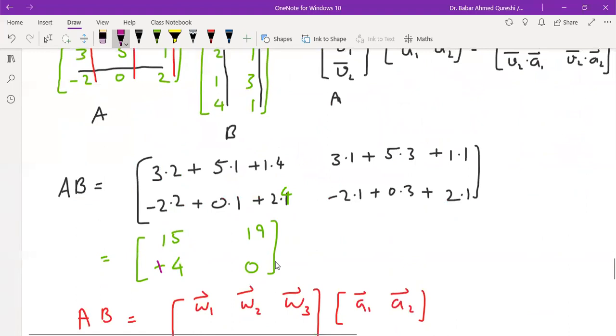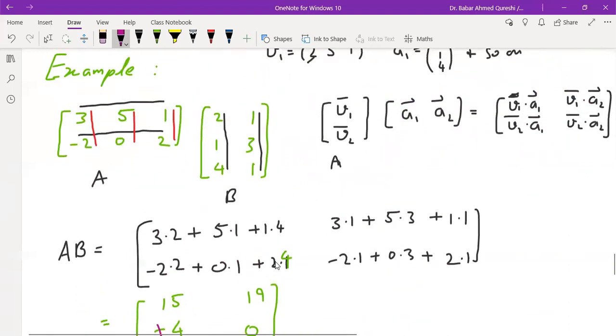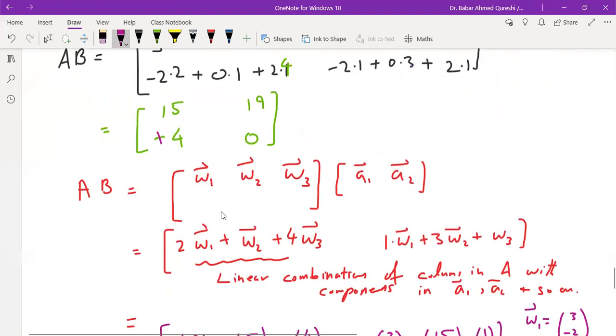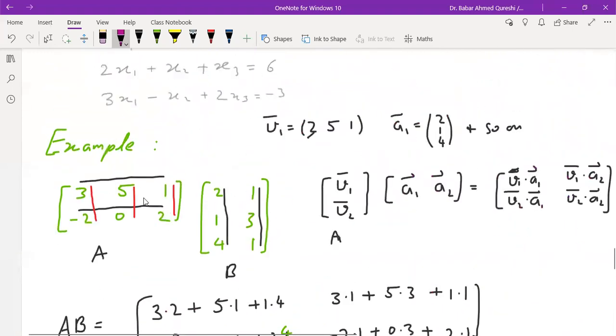So you got the same answer because it's the same procedure, just looked at in two different ways. In one way, you take these row vectors and each time you take a dot product with this vector and then the next vector. While in this way of thinking, you take the column vectors and each time you multiply with a vector in B by making linear combinations.